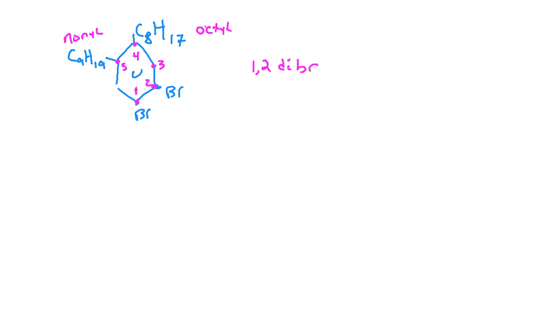And then on carbon 5, N comes before O, so we'd have a 5-nonyl and a 4-octyl, and that would be benzene.